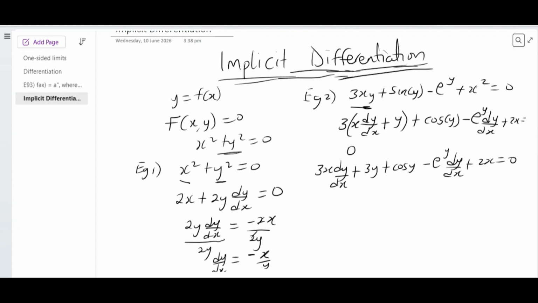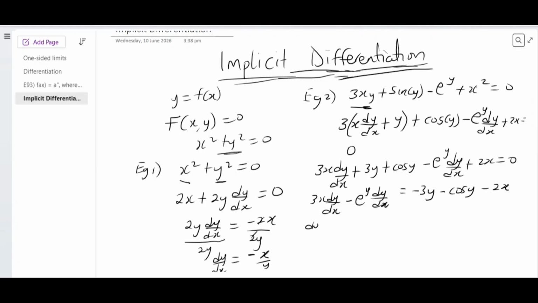So any other term without dy/dx, I will move to the other side. I'm going to keep 3x dy/dx minus e to the power y dy/dx. Then I'll move the rest to the other side. So I'm going to have minus 3y and then minus cos y minus 2x.